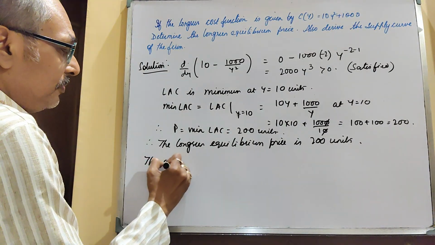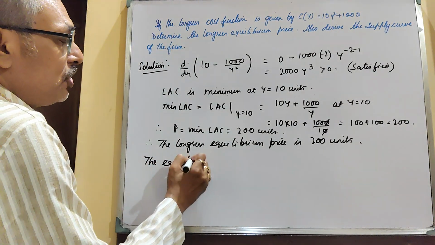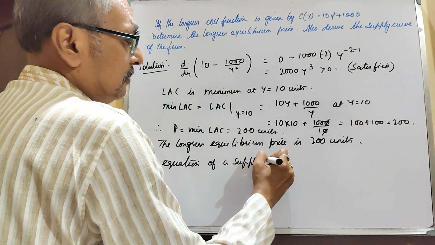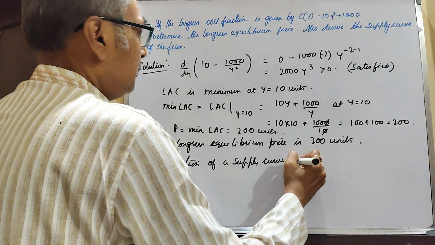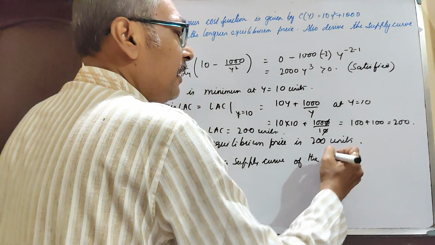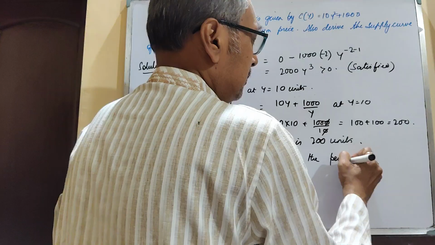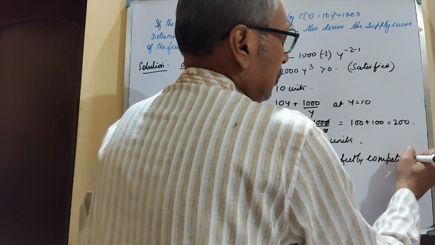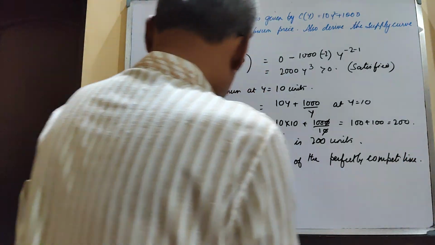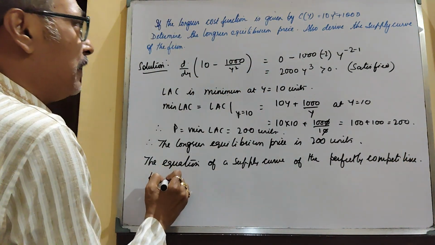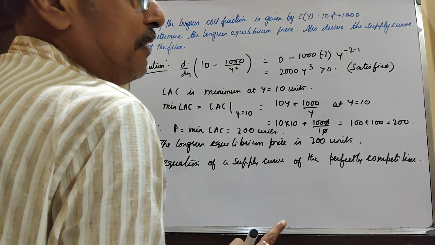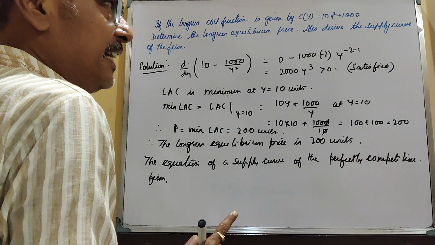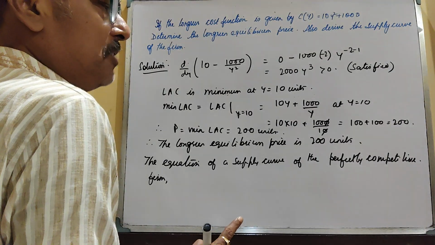The equation of a supply curve of the perfectly competitive firm is not given in the question. Still I am writing perfectly competitive firm because supply curve does not exist under imperfect competition.